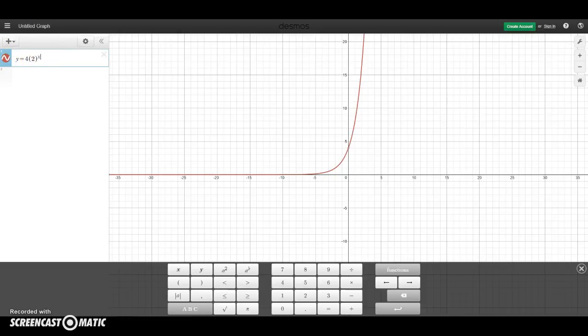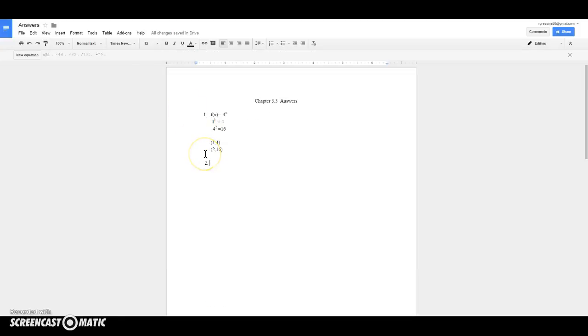The equation is y equals 4 times 2 to the exponent of x. I'll plug in 0.